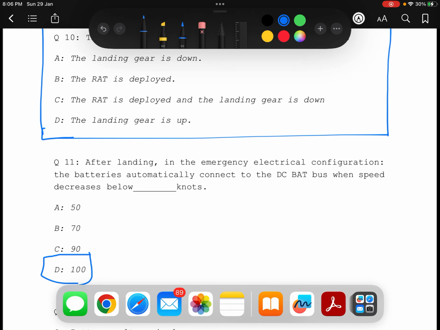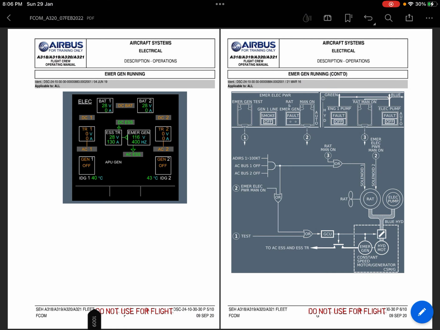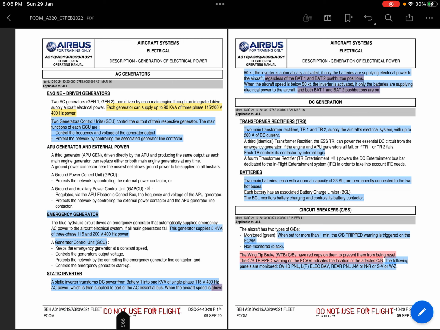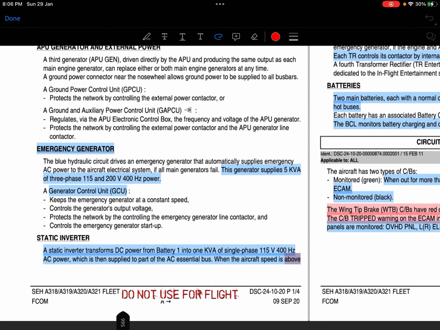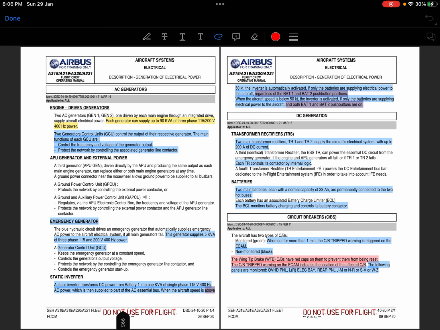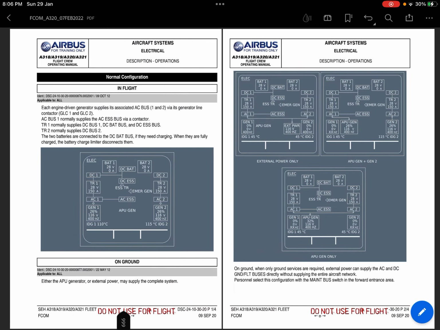I will show you in the FCOM and explain what they are trying to say. In emergency electrical configuration, it means the batteries are the only source. I'll go to the emer elec configuration.